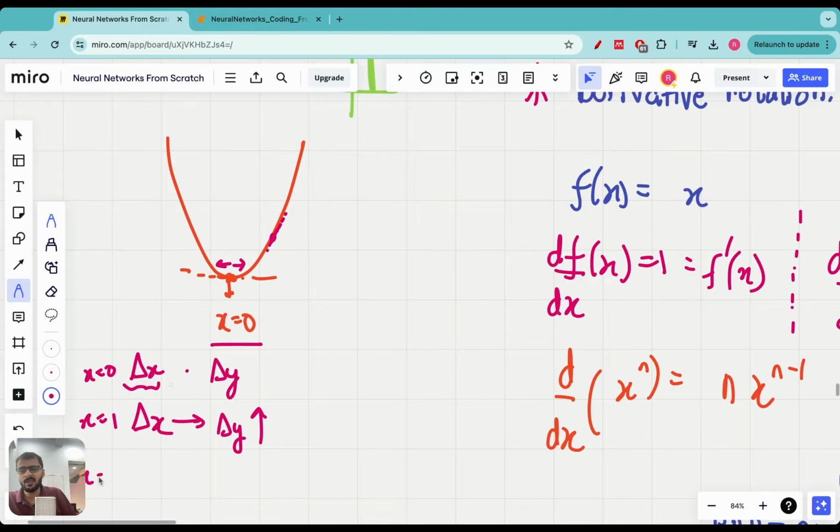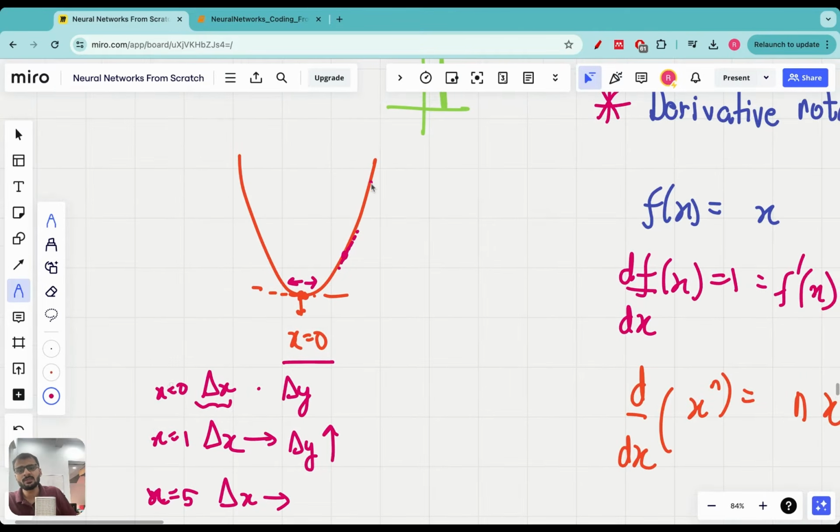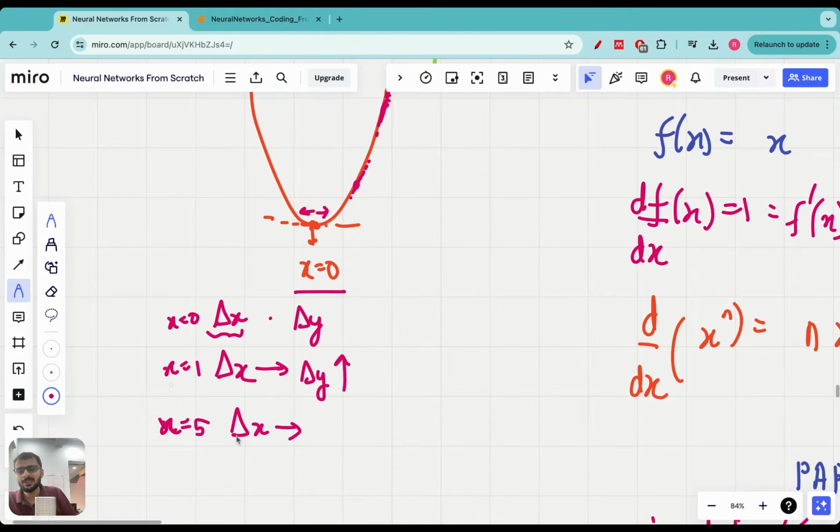Whereas if I take a very high x, let's say x equal to 5, and again I look at delta x, which is a small change in x, the slope will be even steeper. So a small change in x will lead to an even higher, or a much larger change in y.